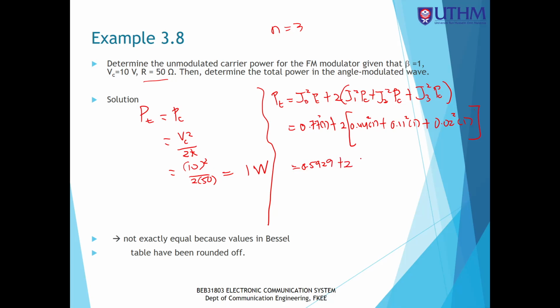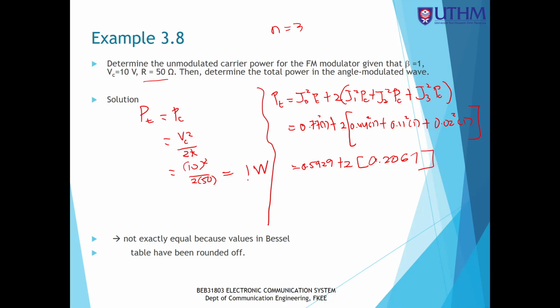Plus 0.44 square plus 0.11 square plus 0.02 square, I got 0.2061.